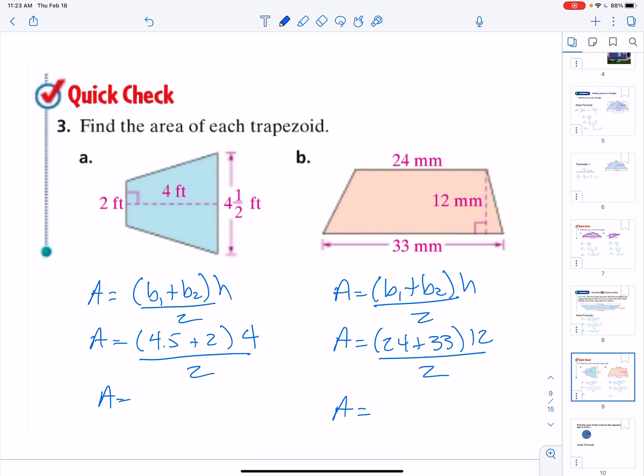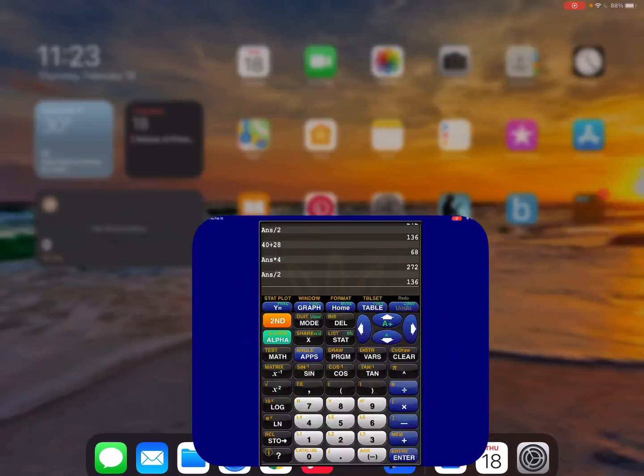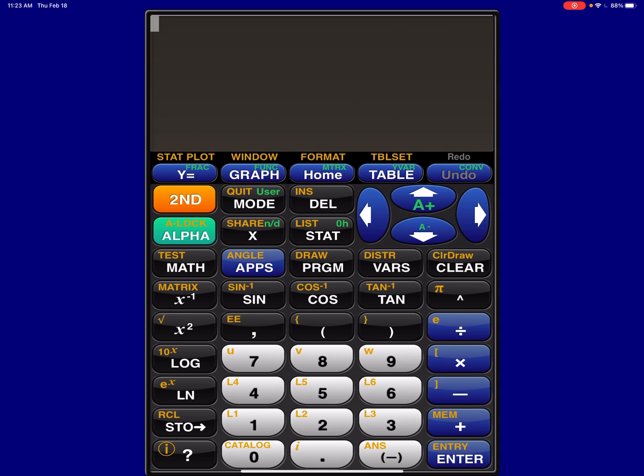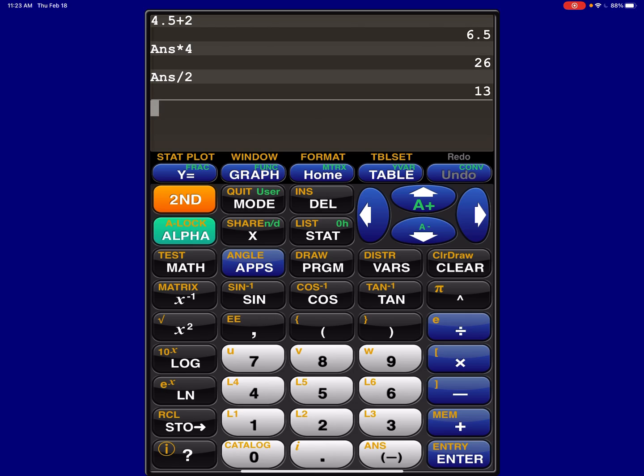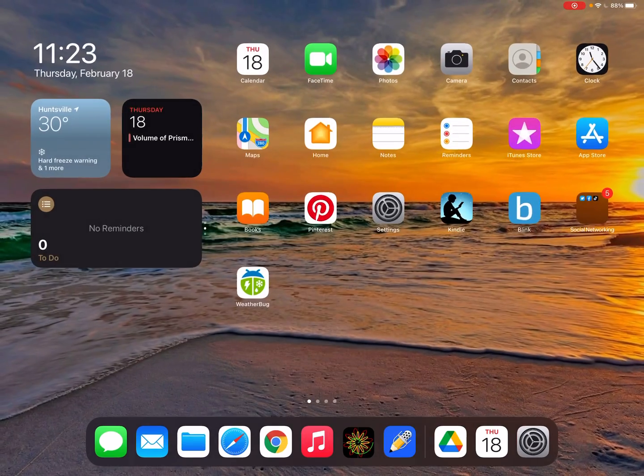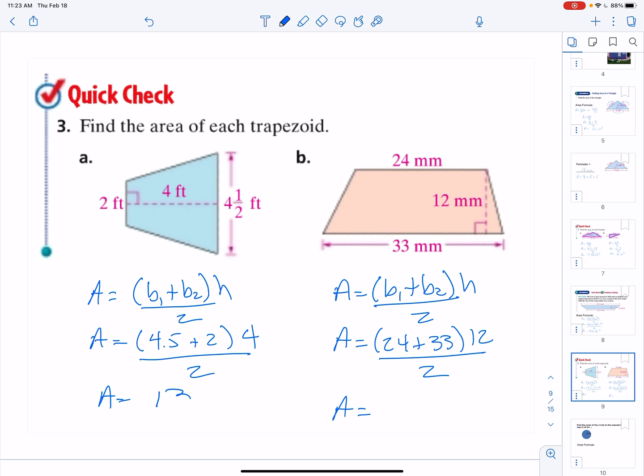Now we go to our calculator, and we can find the area of both of those. Here is my calculator. In this first one, I'm going to do 4.5 plus 2, enter, times 4, enter, divide by 2, enter. And we get 13 for that one, 13 feet squared.